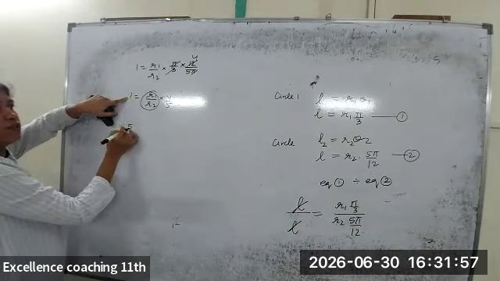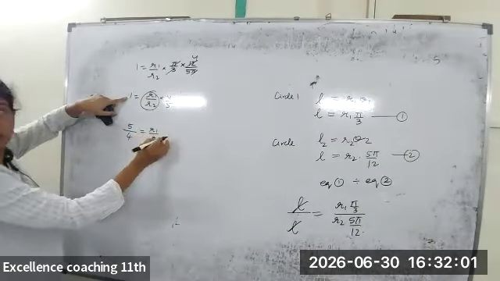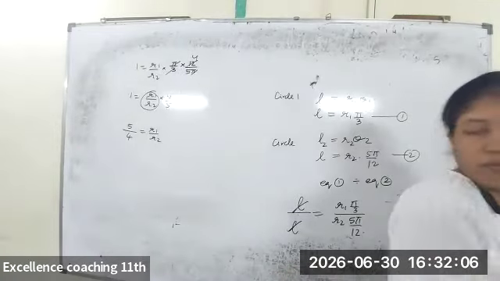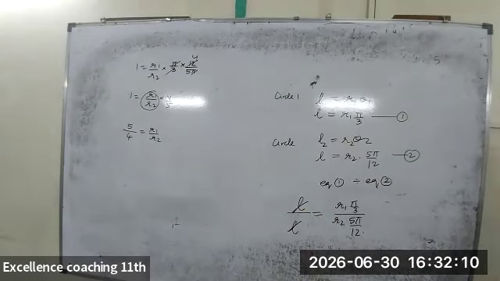So 5 will go up here, 4 will come. You can do it various ways, however you want to divide. The answer should be 5 upon 4. This is how we calculate the ratio.